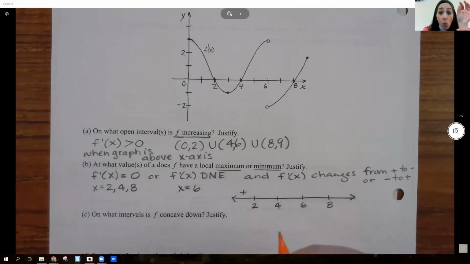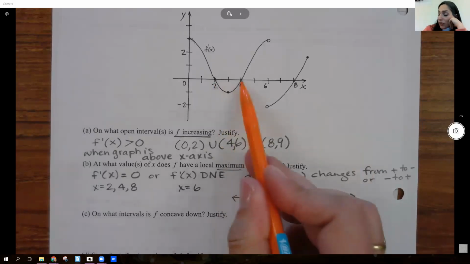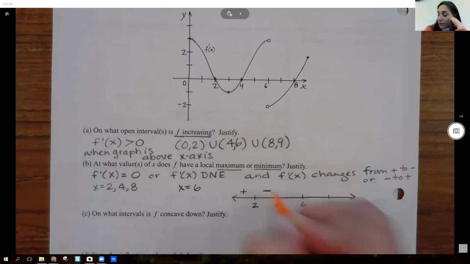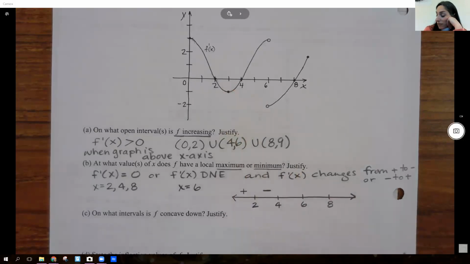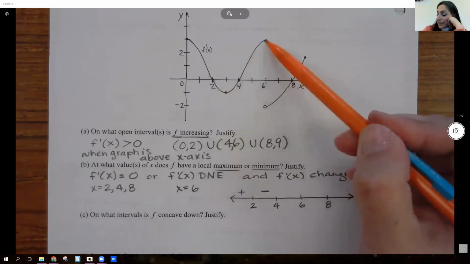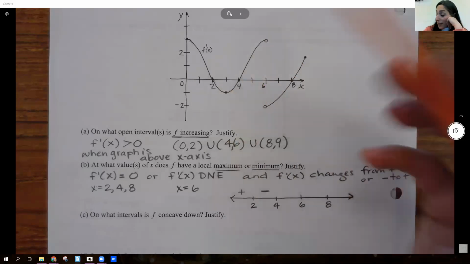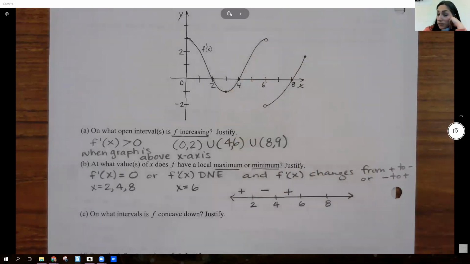You have positive y values. In between 2 and 4, your y values are negative. Between 4 and 6, your y values are positive. Okay, remember, we're literally just looking at if we're above the x-axis or below right now.